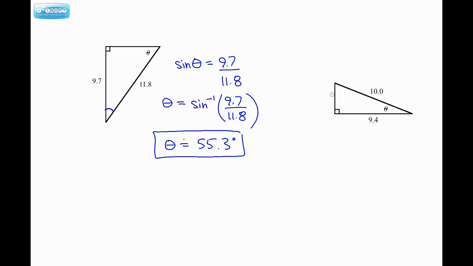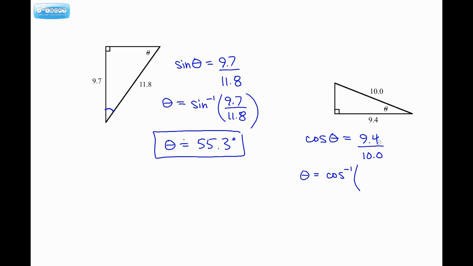Here's our theta. The opposite is not given. We don't want it. The adjacent is given. It's 9.4. And here's the hypotenuse. It's 10. So this requires cosine. So cosine of theta is adjacent divided by hypotenuse. So therefore, theta is the inverse cos of this.